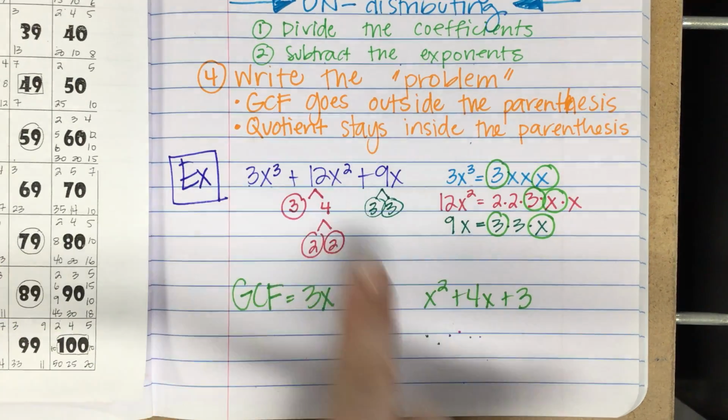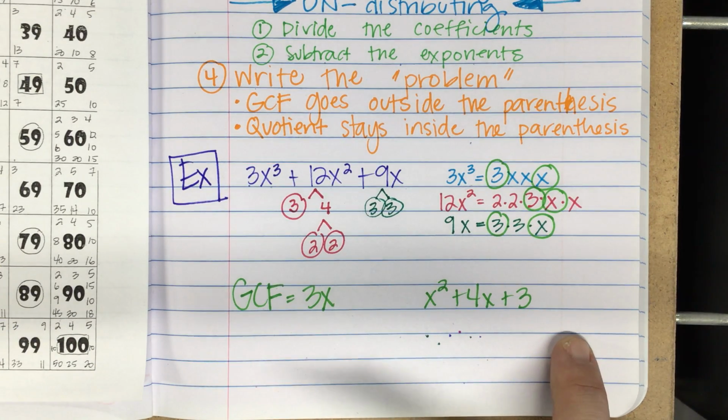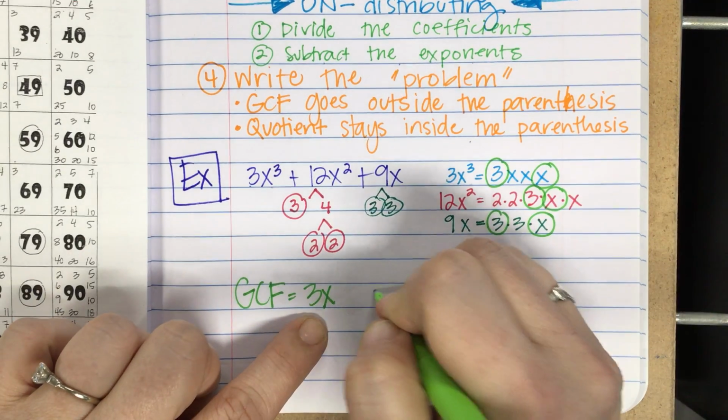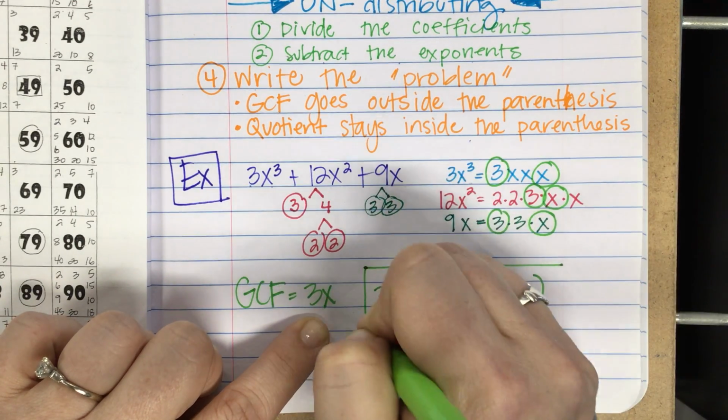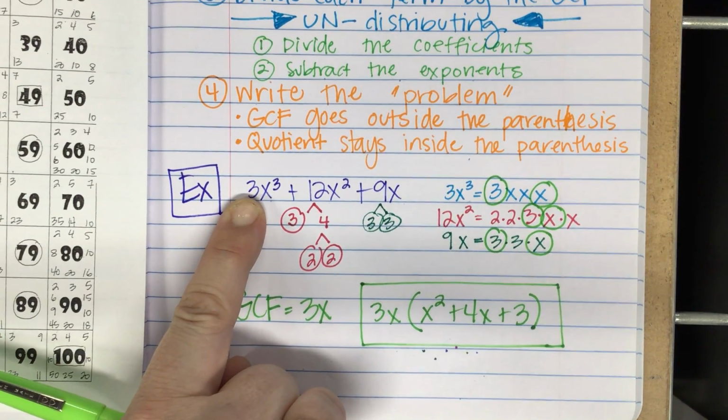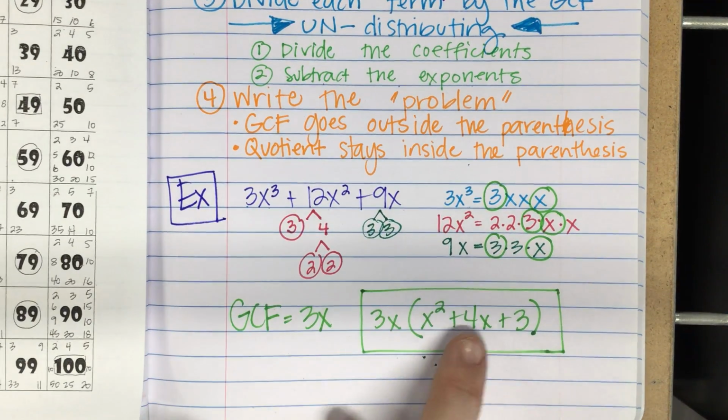That's my quotient, the answer, the leftovers. And the GCF is going to go in front. And that's the undistributed version of this, which is the same thing. I got the same solution.